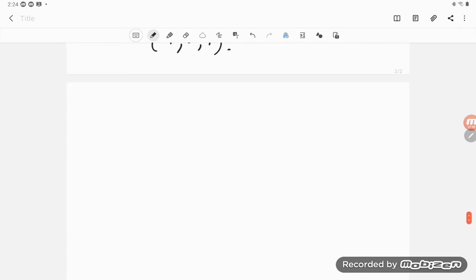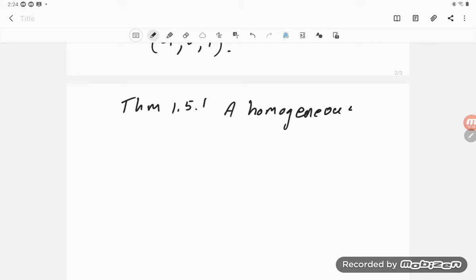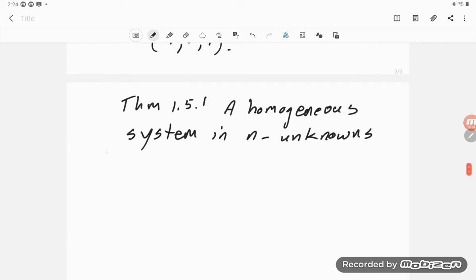And they just give us this theorem, theorem 1.5.1, that a homogeneous system, okay, so if we have one of these with n unknowns, n variables, and m equations. Typically, I guess I should write that the other way, but somehow I wrote it that way.